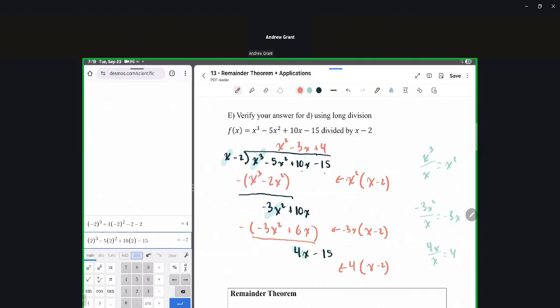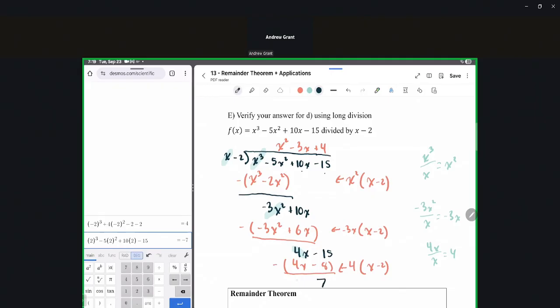So 4 times x is 4x, times -2 is -8. And we want to subtract off these quantities. So 4x minus 4x is 0. -15 minus -8 is the same thing as 7.